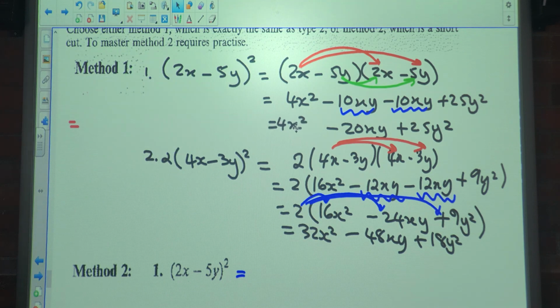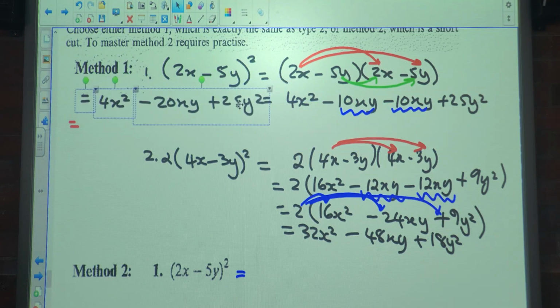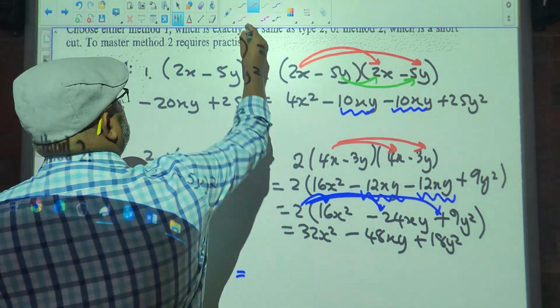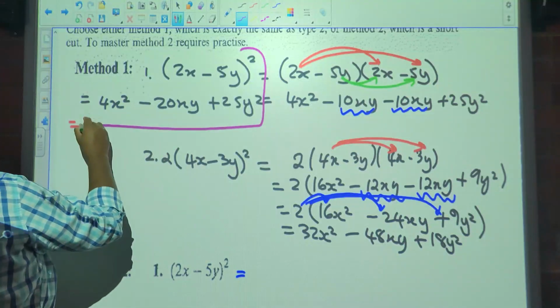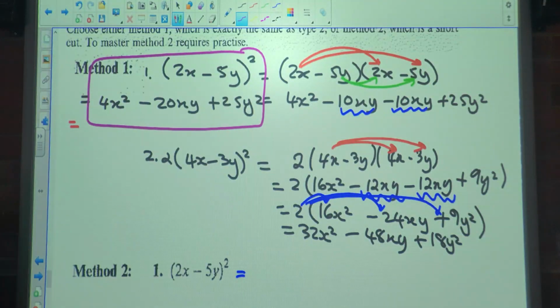If we look at this being your answer, do you see a relationship that exists between this here? Okay? You see a relationship.